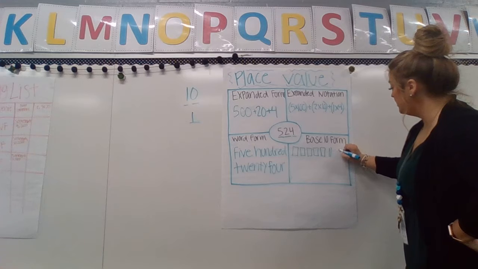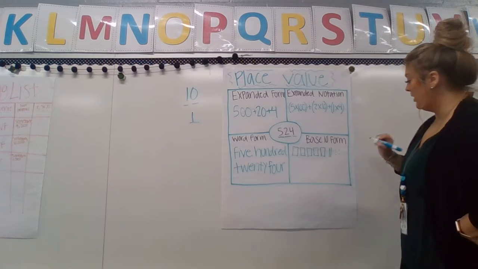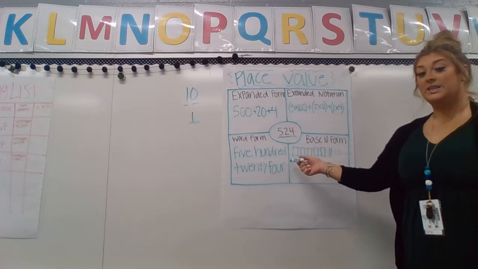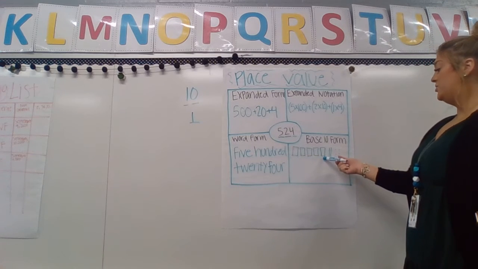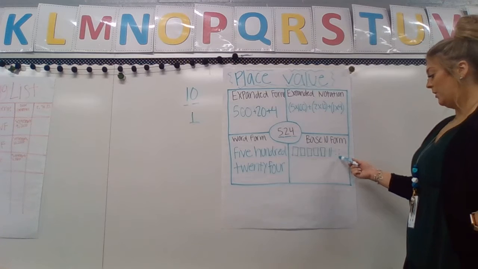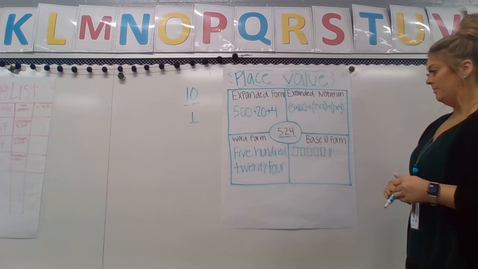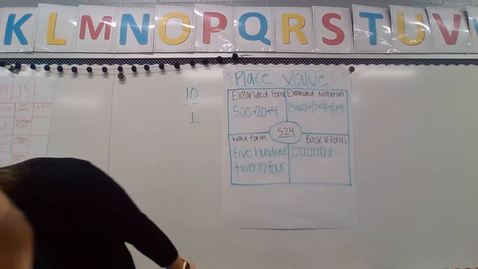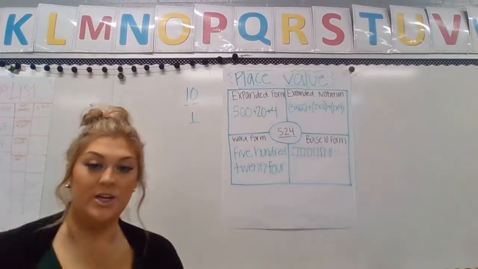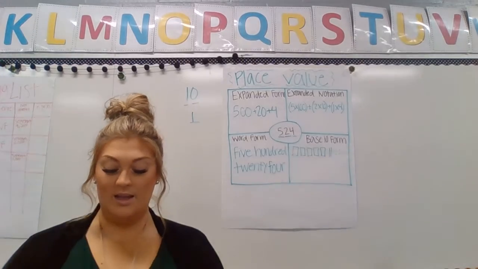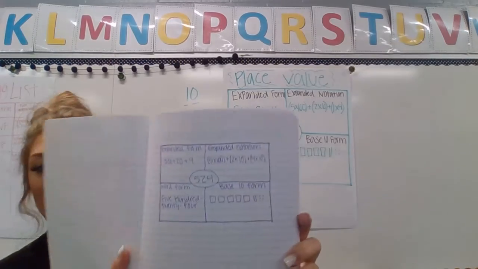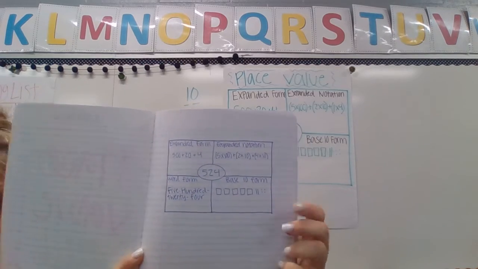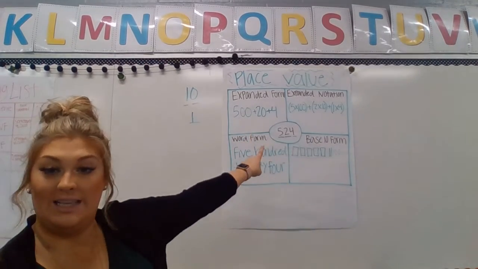So 1, 2, 3, 4. So we know that this reads 524. Okay, so you should have something that looks like this in your math journal. Looks just like this and just like this.